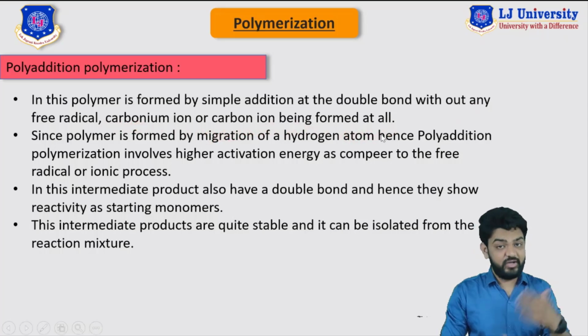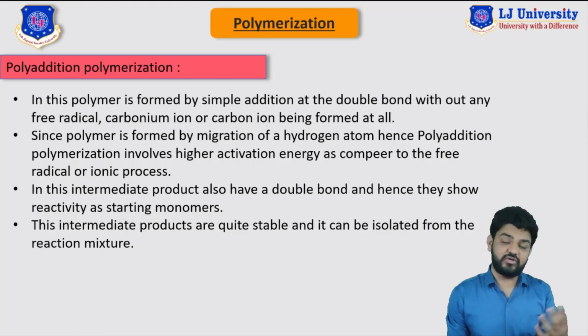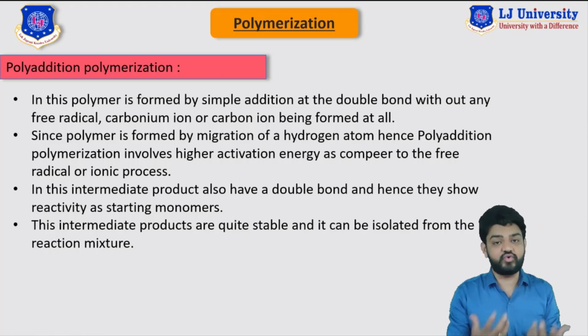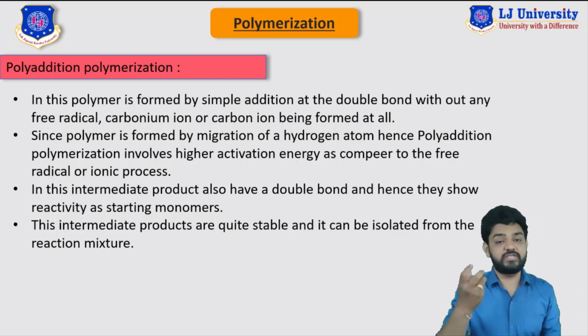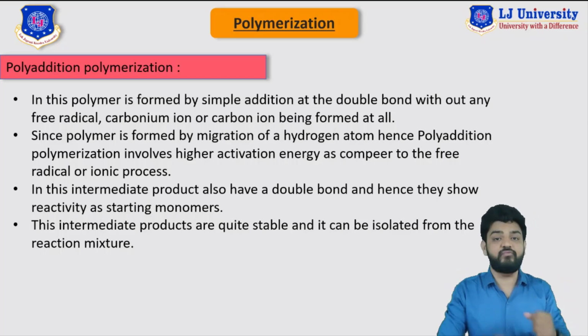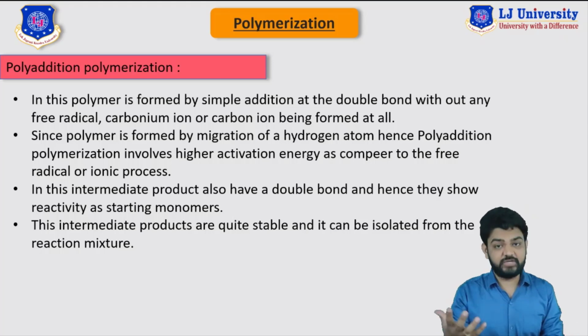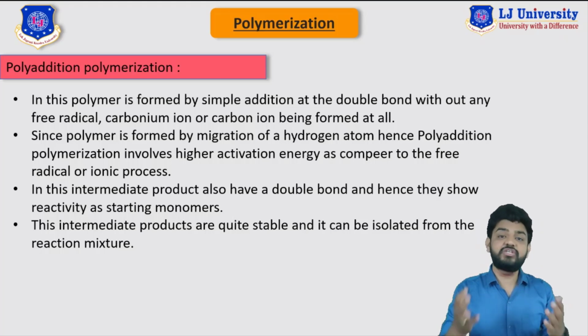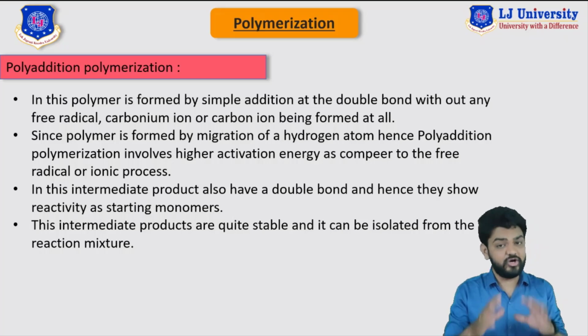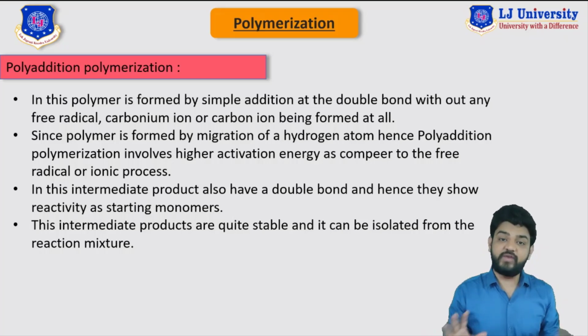In the previous case, that is in chain reaction or chain polymerization, we were having some free radical, or ions in the form of positive or negative ion, or coordination polymerization or a special type of catalyst in order to carry out the polymerization reaction, right? But in this polyaddition polymerization, we are not going to need any type of free radical or ions, or even any catalyst.